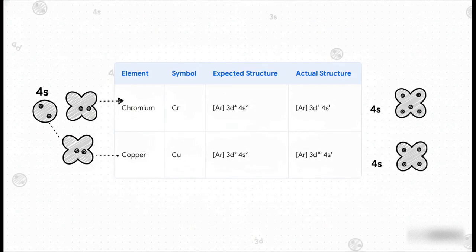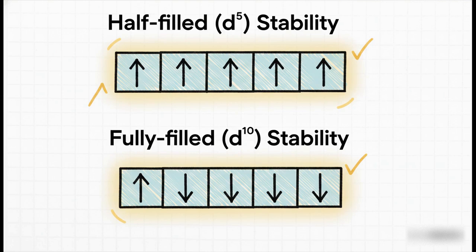So let's talk electron configurations for a minute. If you just blindly follow the rules you learned in Intro Chem, you'd expect to see the configurations on the left for chromium and copper. But reality is a little different. Take a look at the actual structure. See what's happening? In both cases, one electron from the 4s orbital has jumped up into the 3d orbital. So why would they do that?